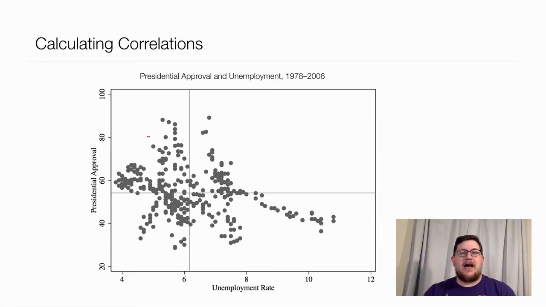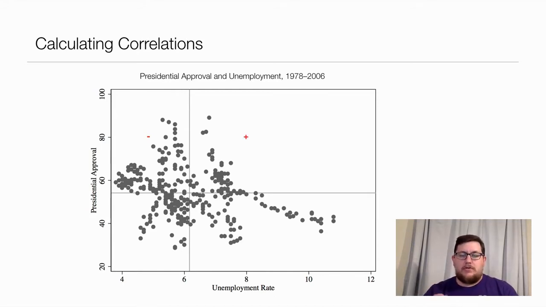Okay, so look in that top left quadrant. You'll see there I've added a negative sign. Why is that? Well, any observation in this quadrant is above the mean presidential approval, but below the mean unemployment. So positive, negative, that's a negative.